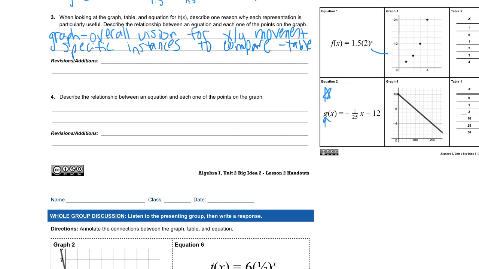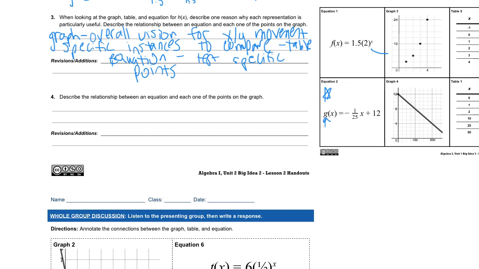And then with the equation, you can test specific points to find out the exact numbers that you need to fill in your table or to fill in your graph.